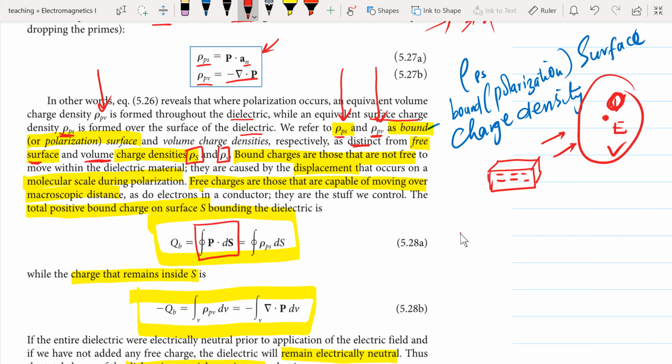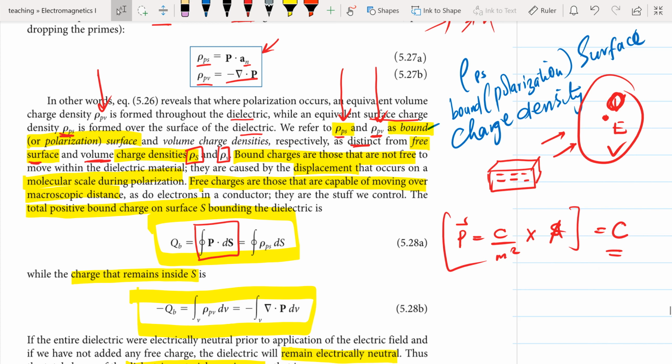Remember that we said the polarization vector has unit coulombs per meter squared. Therefore, if you multiply by the surface or by the area, it still gives you the charge in coulombs.